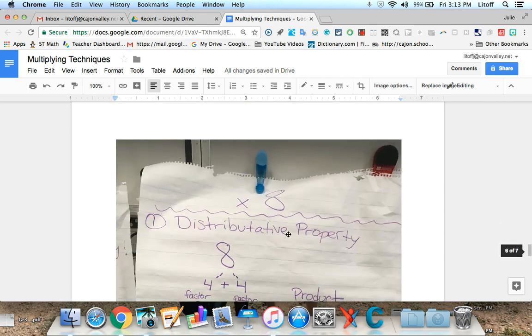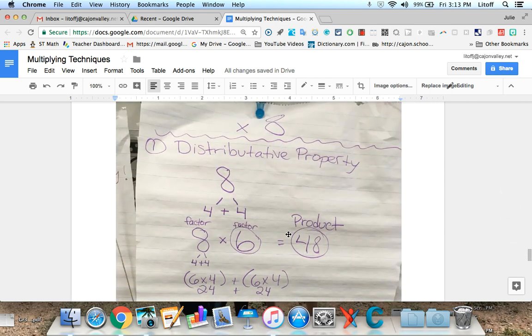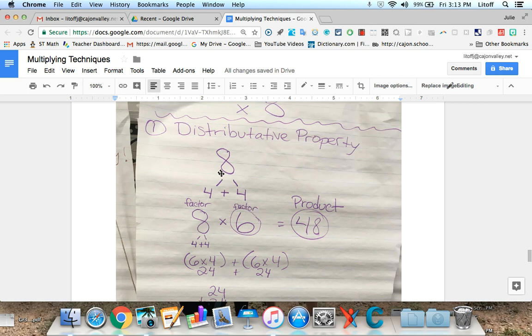8 is another good one to use the distributive property. You can break the 8 into 2 add-ins, 4 plus 4, and then take the other factor and multiply it by 4. So 6 times 4 is 24, and then 6 times 4 again is 24.